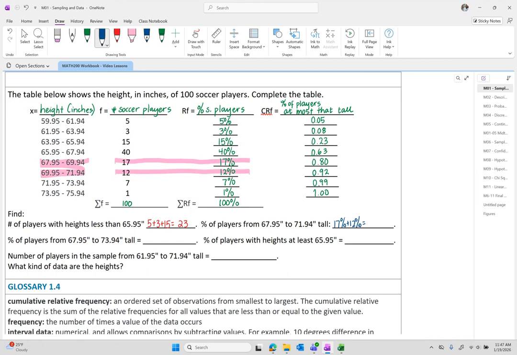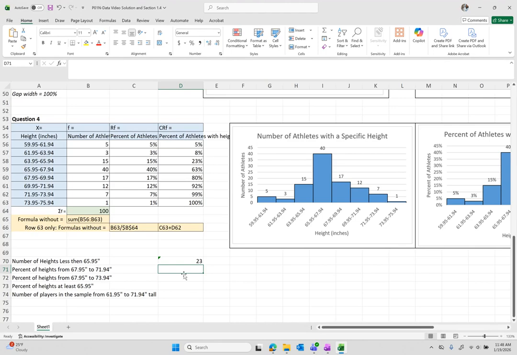So this is very unusual, and it's not always true that the relative frequency numerically will agree with the frequency. Now again in Excel, to do that, I'm going to add from 67.95 to 71.94, the percent of athletes, which is relative frequencies, and that will be 29%.